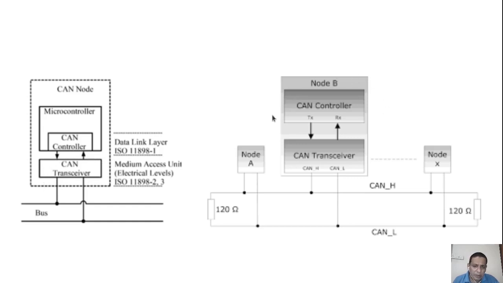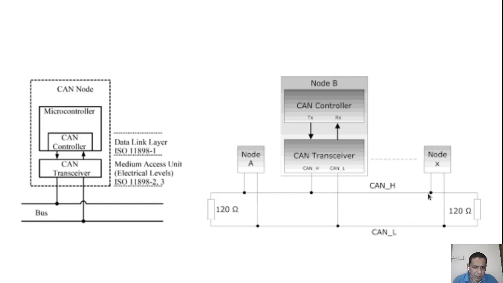So here you can see node B. It will have a CAN controller and a CAN transceiver, and it is connected to the CAN bus, and it is terminated at the two ends by a 120 ohm resistor. And here other nodes are there, node A and then node B is also there. These two nodes are similar to node B.